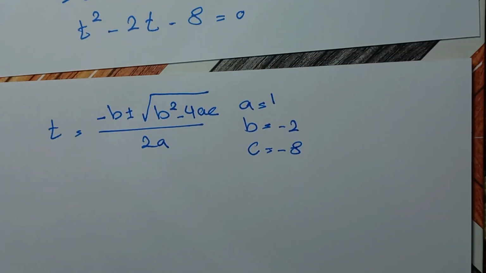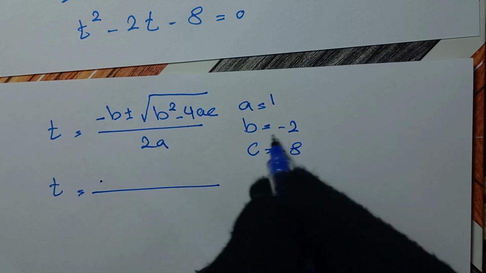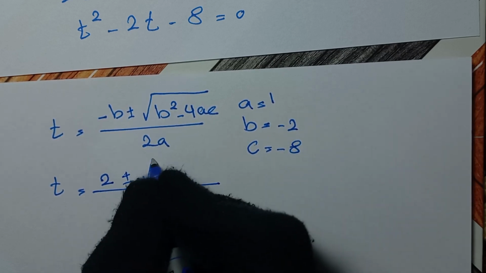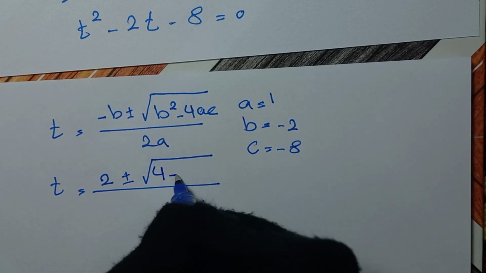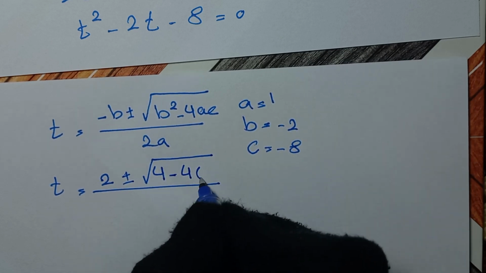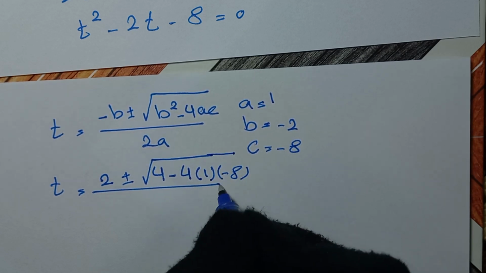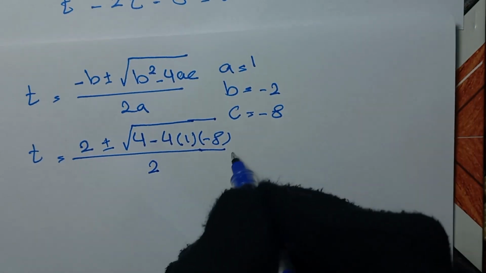So, t is equal to negative b, negative 2, it will be positive 2, 2 plus or minus square root of b squared, negative 2 squared is 4, and minus 4ac, 4 times a is 1, and c is negative 8, over 2a, 2a is 2.